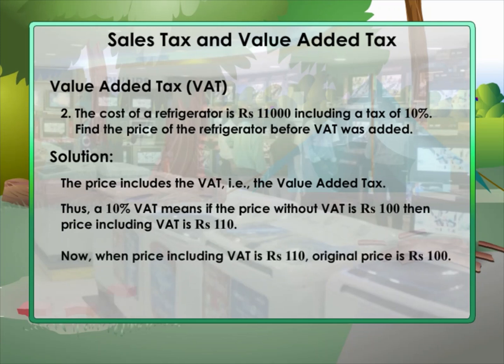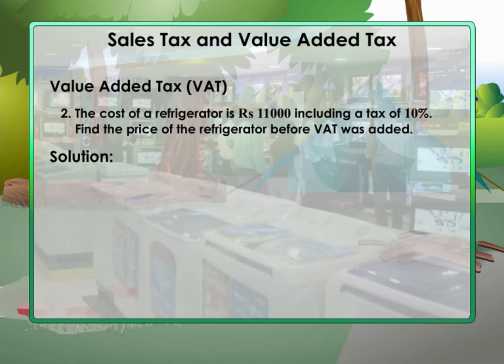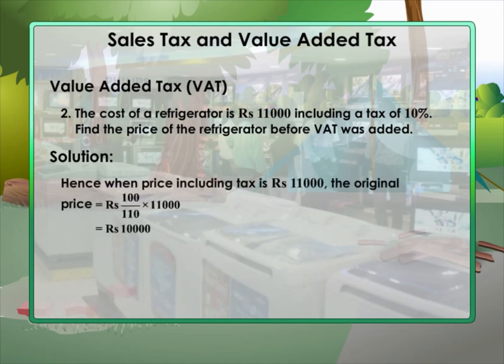Now, when price including VAT is Rs 110, original price is Rs 100. Hence, when price including tax is Rs 11,000, the original price is equal to 100 divided by 100 and 10 into 11,000, which is equal to Rs 10,000.